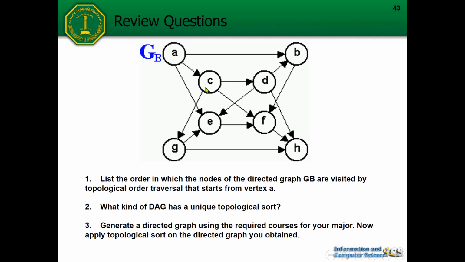In this case, that will be C. Then after that we remove C and also the emanating edges and try to find the next vertex that has in-degree 0. Then you will be able to find the correct sorting. Then after that, you can always redraw the topological graph by using the sorting order, then by looking at the edges information from the input graph.